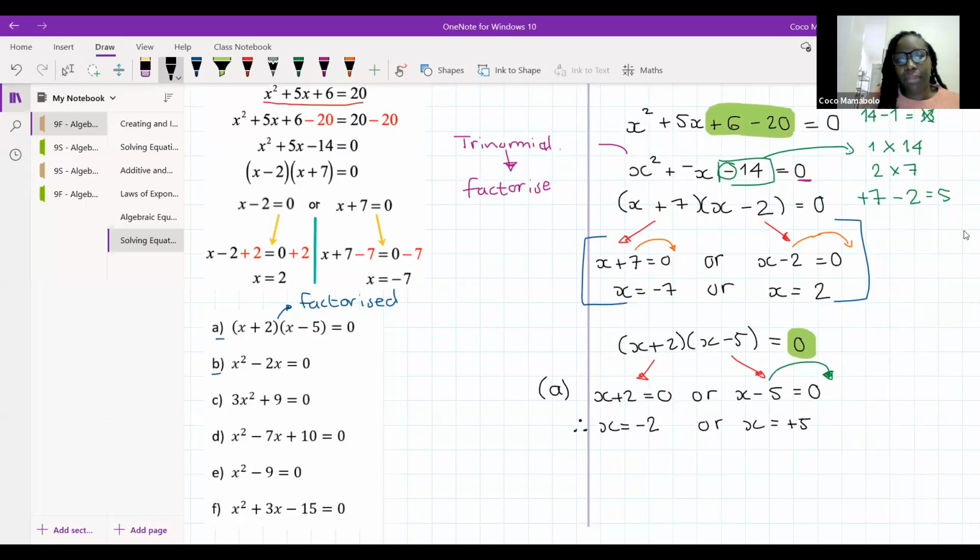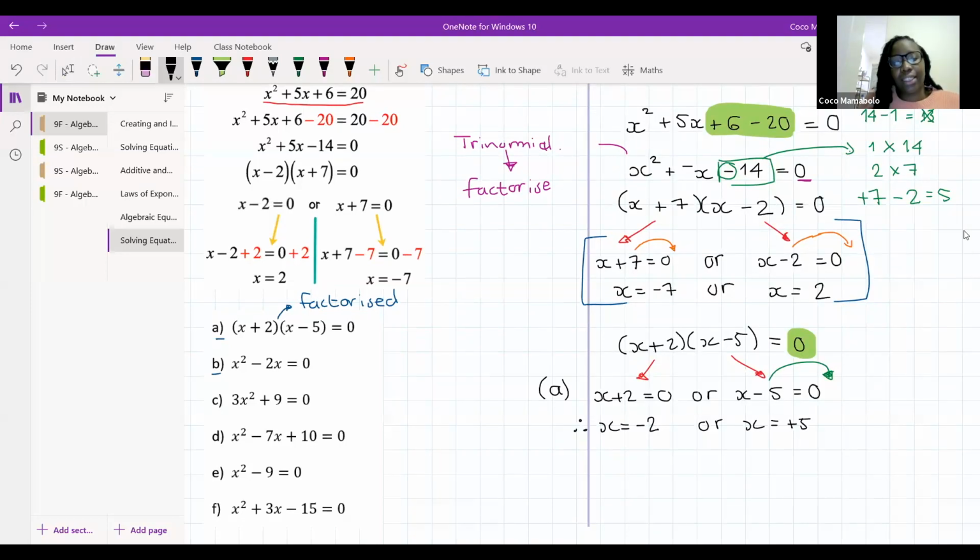Ma'am, I have a question. Yes. For x plus 2 equals 0 or x minus 5 equals 0, ma'am, because 2 is positive and you're going to move it to the other side of the equal sign, is that why it becomes negative?